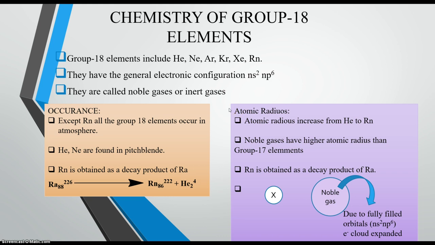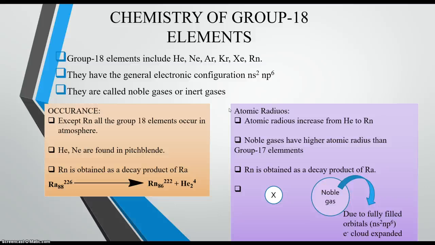Atomic radius increases from helium to radon, from top to bottom. As we move from top to bottom, from helium to radon, the atomic radii continuously increase. Moreover, one thing is very important to observe here: noble gases have a higher atomic radius than group 17 elements. Our general expectation is that when we move from left to right, the atomic radii decrease, right?